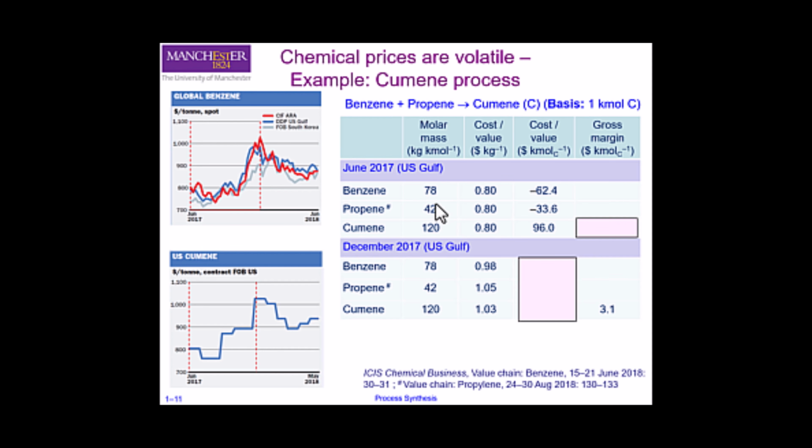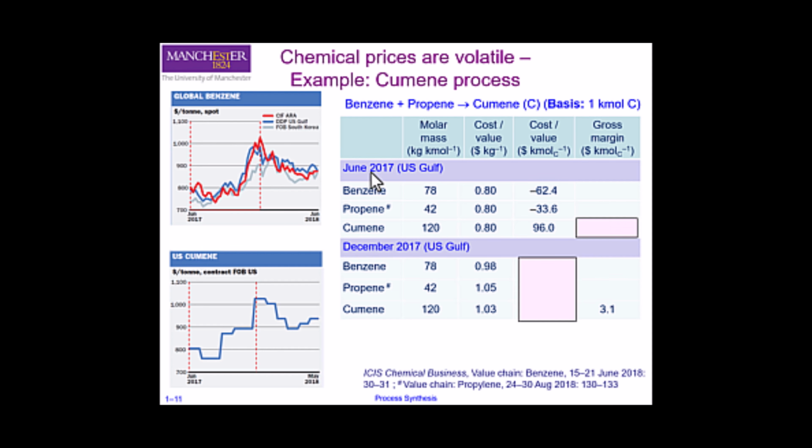Like for example, we have here, and then we have the cost of dollar per kg from these graphs. Okay, so we can calculate dollar per kilomole. Then to calculate the gross margin, we need to take the difference between the revenue earned from selling the cumene and then the cost of purchasing, for example, benzene and propylene here.